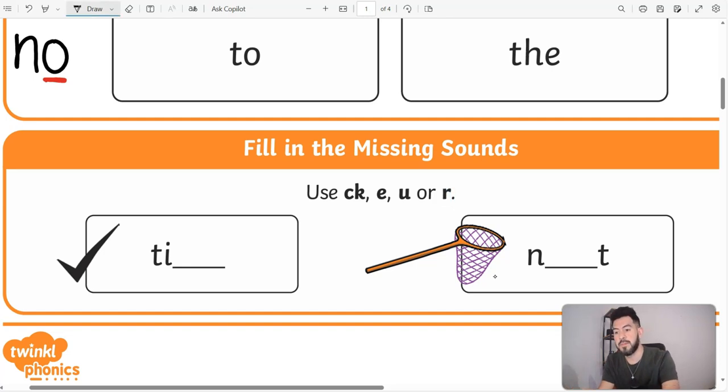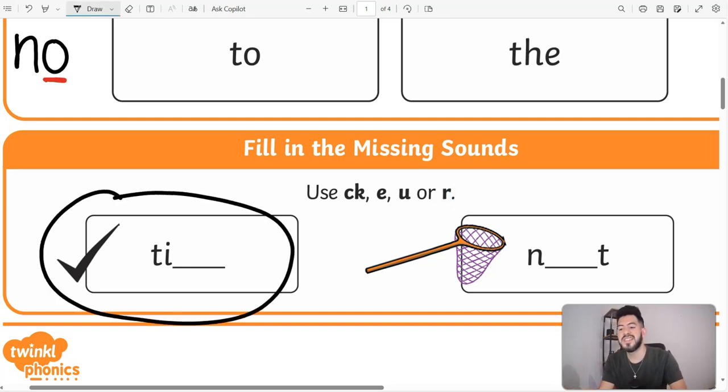This word, for example, okay, this is tick, t-i, k. 2 letters, 1 sound. So you can write it there, ick, tick. Now, the next one is a net, n-e-t, net. So please write the missing sound.